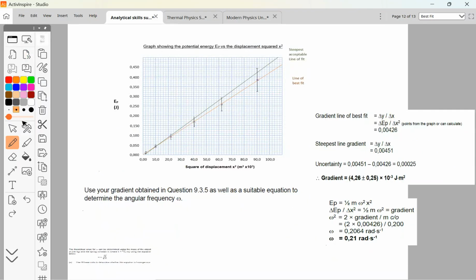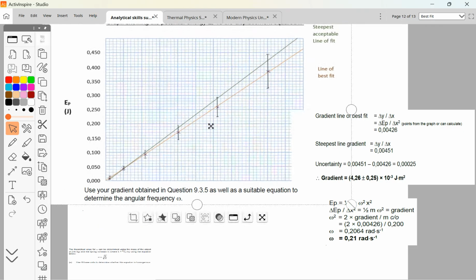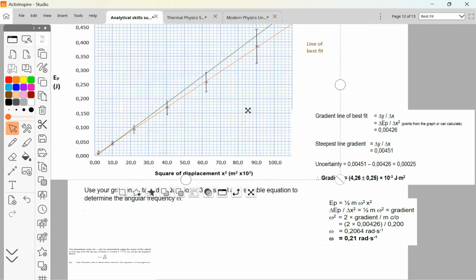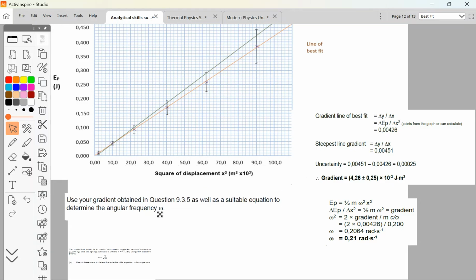So you will see that from the one that was in last year's past paper as well. I'm just going to quickly show it as an example. So the question said, use your gradient and a suitable equation. So the gradient we already calculated, so don't go back to your table. There's the gradient, use it, and use it with its powers of 10 that you have there already. And then you substitute that value into the equation. In this one, the equation that was on the information sheet, the graphing question was in oscillations.